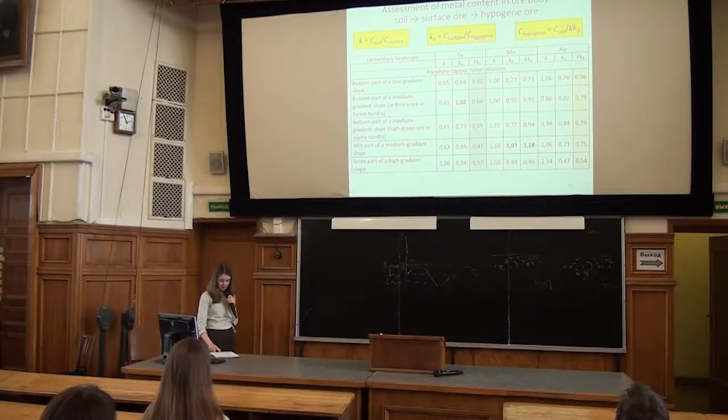And here are the coefficients to be applied to copper concentration in soils to estimate its concentration in the primary ore. As you can see, secondary halos of copper are 2 times weakened on average. Secondary halos of gold are weakened by 25%.